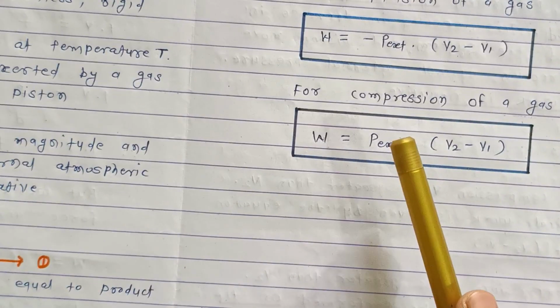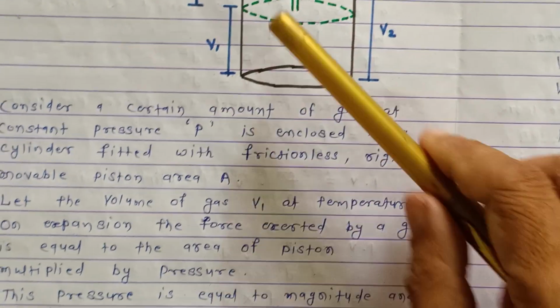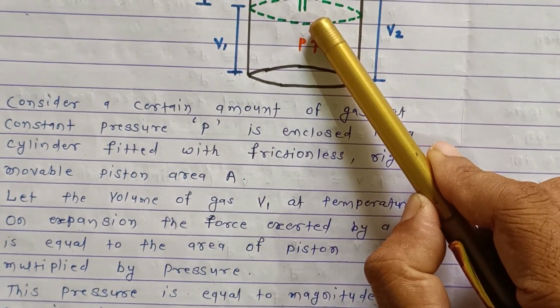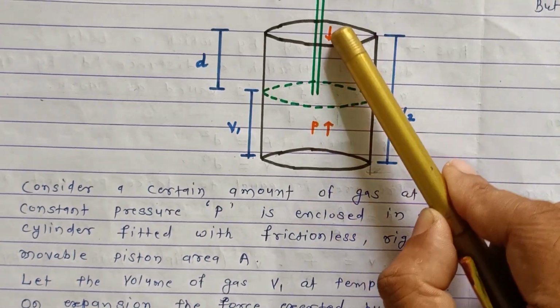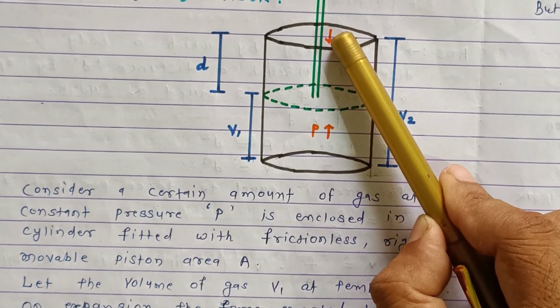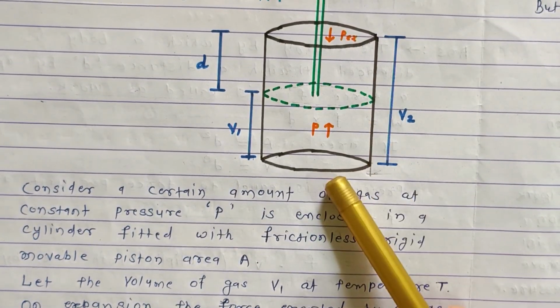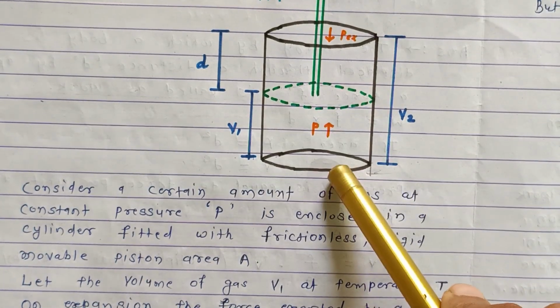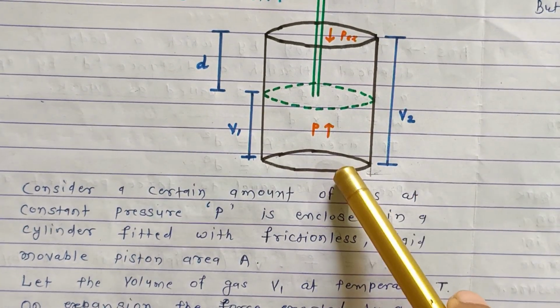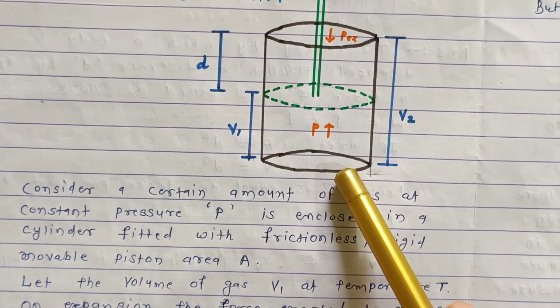So the same derivation we can also apply by changing the conditions. When you take the piston and the gas is allowed to expand, it moves in an upward direction. Now if the gas is allowed to compress, then the piston will move in a downward direction. As the piston moves downward, the work done will be the same, but the direction will be changed.